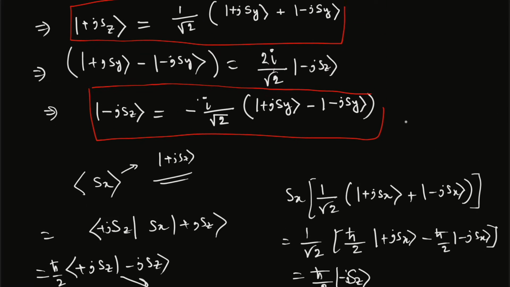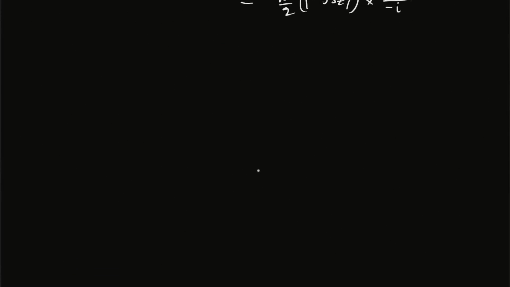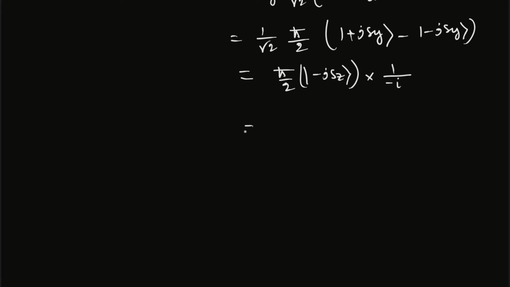So what it means, let us see that. Plus Sy minus Sy is 1 by root 2 and will be minus Sz by minus i, which means i h cut by 2 minus Sz.